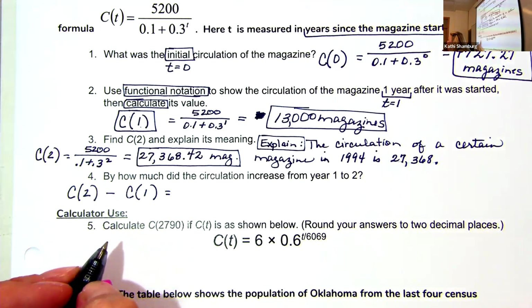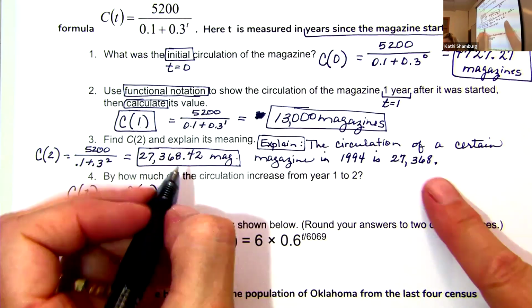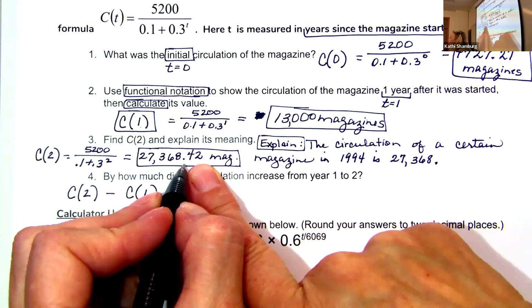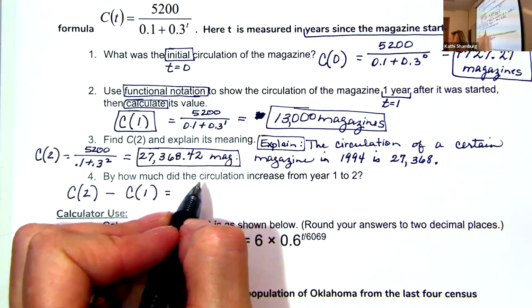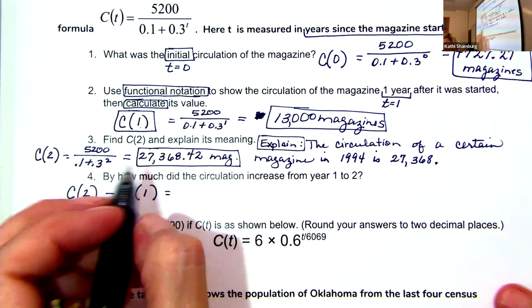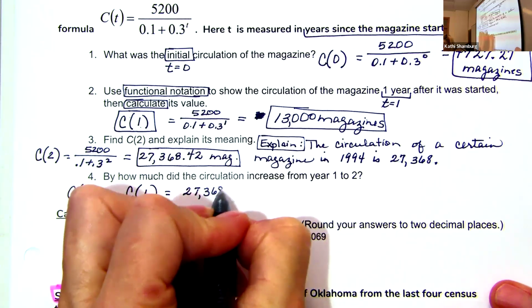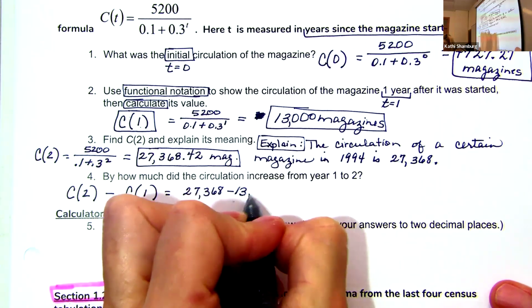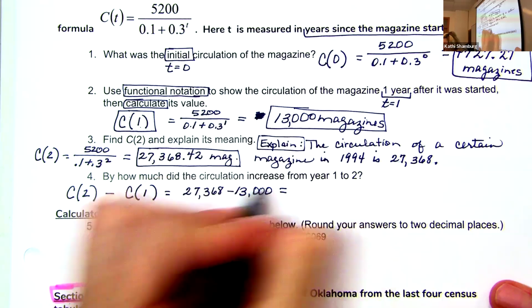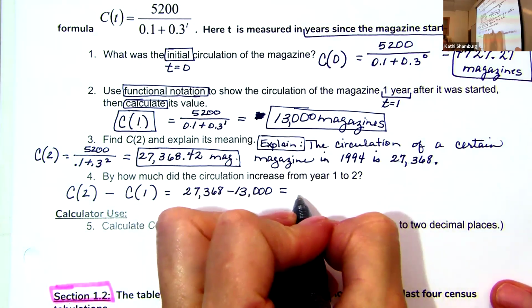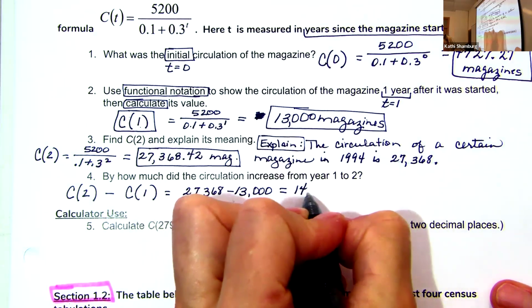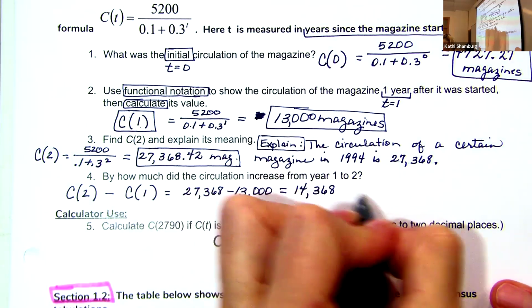And I'm going to do the whole number values, so I'm not going to do 0.42. If you did on the test, that's fine. I'll give you full credit. So we had 27,368 minus 13,000. So how much did it increase by? 2,368.